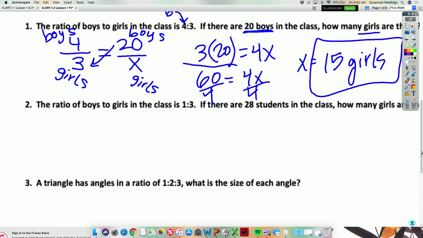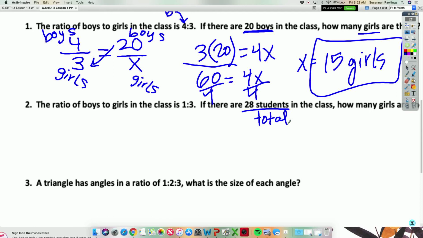If we look at the next one, it tells me my ratio of boys to girls in the class is 1 to 3. But what does it give us here? It says there's 28 what? Students. That includes both boys and girls, right? So I'm going to label that as my total amount of students. If I look back at my ratio, that's representing boys to girls. I want to find the total that's represented there.